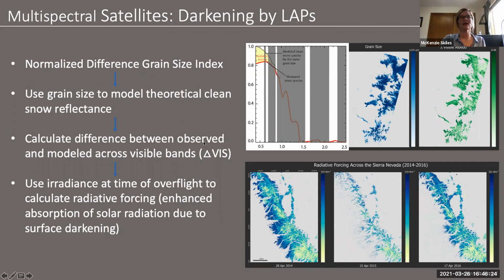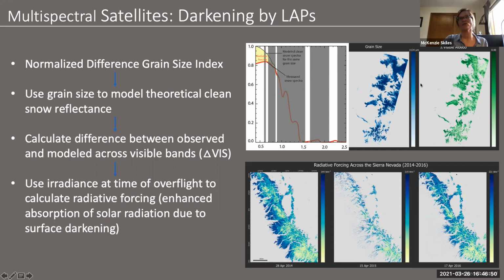And then we can calculate the difference between the observed spectra represented here in red and the modeled spectra, clean snow spectra, represented by the dashed line. And that allows us to map something called delta albedo. So basically, how much was the albedo changed by the presence of light absorbing particles? How much was it reduced?